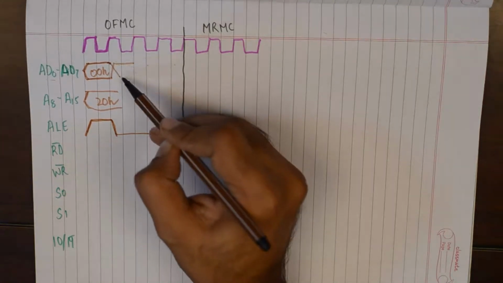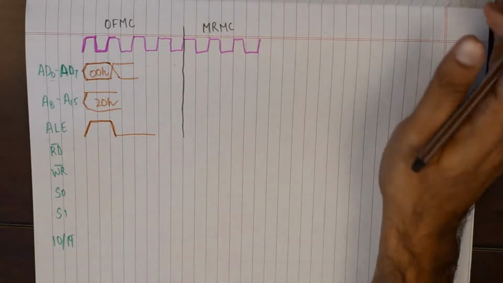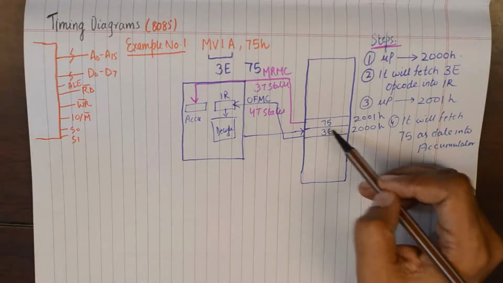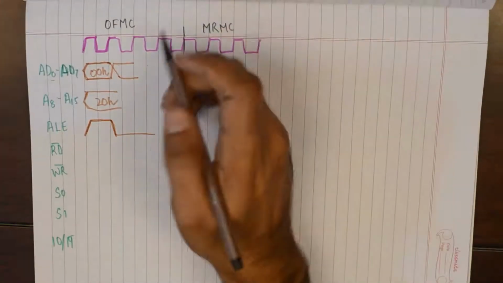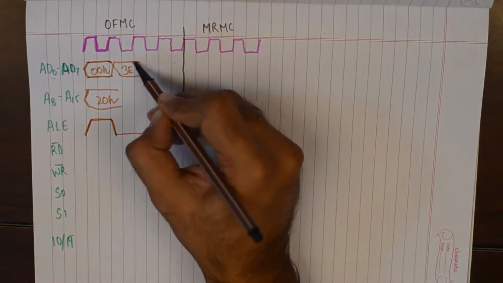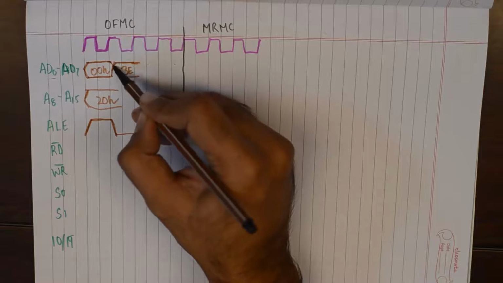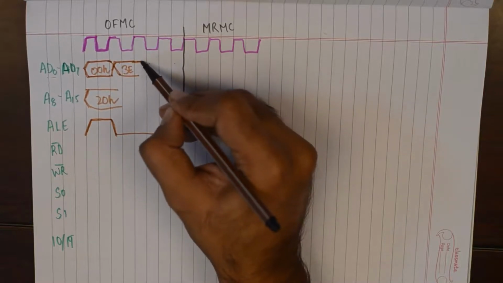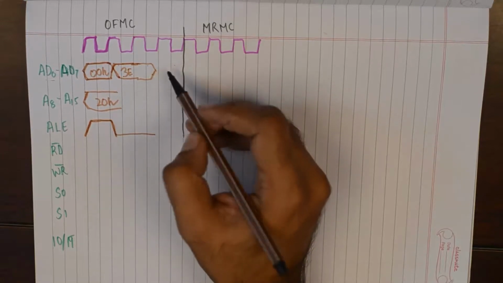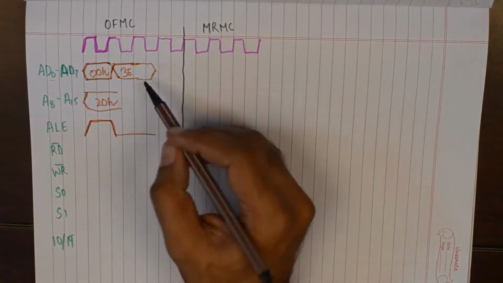and we'll put the data which is written in 2000, which is 3E, onto the data bus, and in the third T state it is brought into the microprocessor.